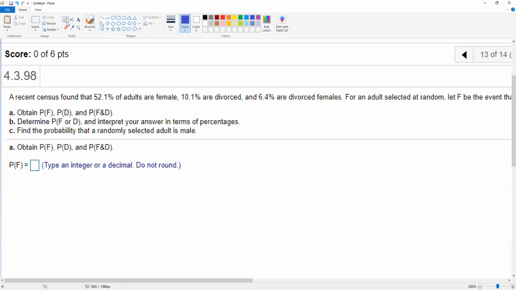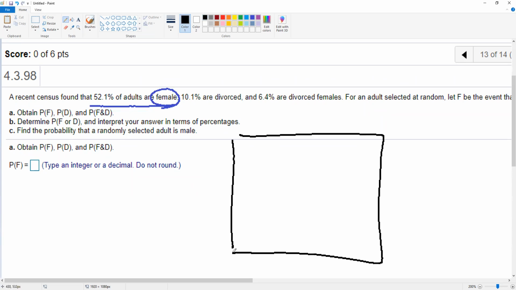Here's an event, female. So let me make the Venn diagram. Here is female, 52.1%. Now let me ask you, who is outside? The rectangle is the sample space, all possible groups, right? So who is outside of the female?